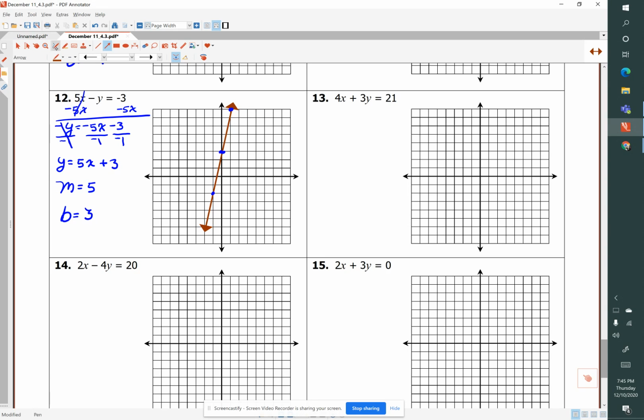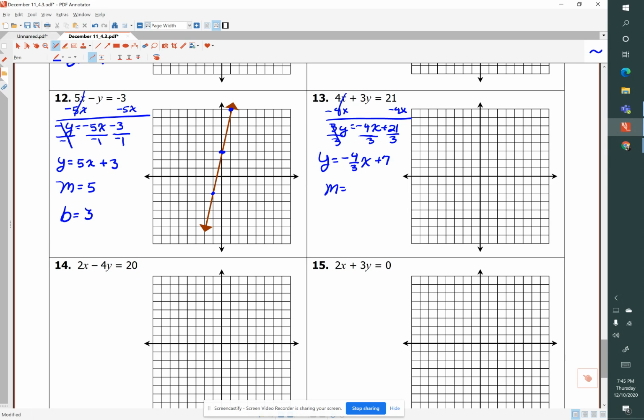Okay, number 13. Let's put that in slope-intercept form by subtracting 4x from each side, which will leave us with 3y equals negative 4x plus 21. And we'll divide everything by 3, which will leave us with y equals negative 4/3 x plus 7.